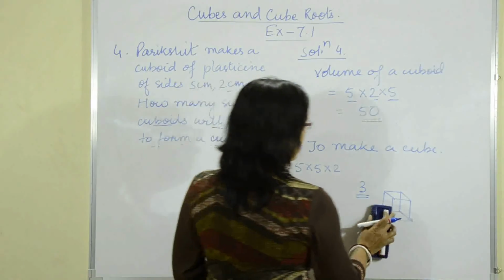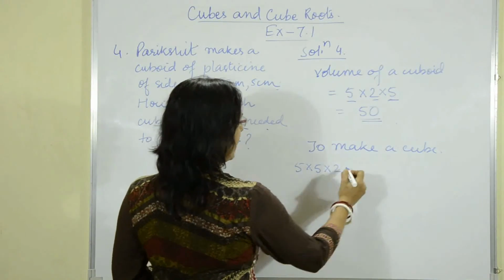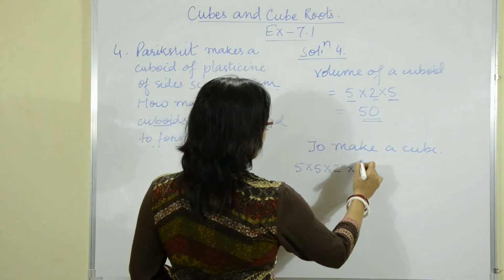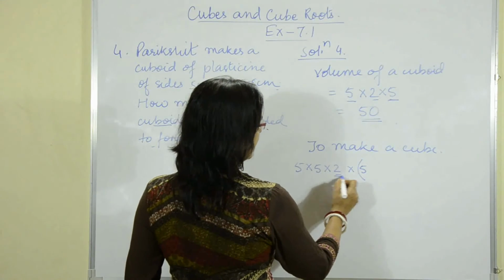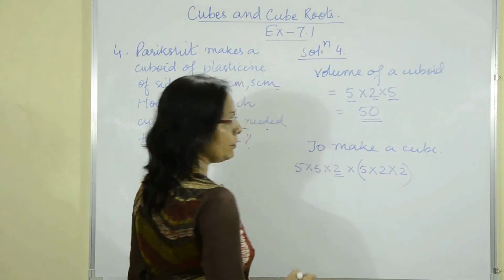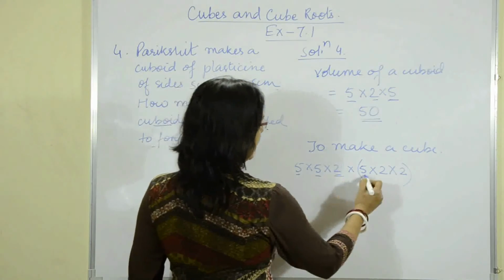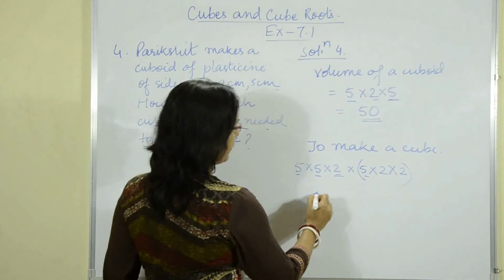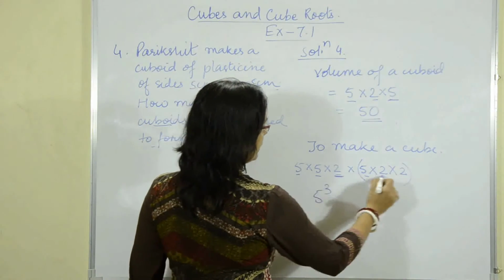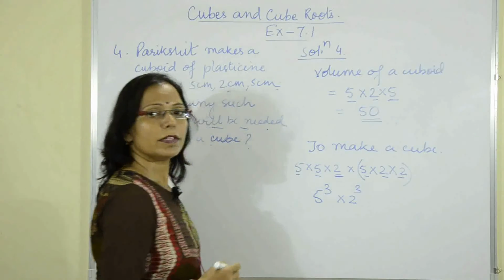Okay. So, how do we do it? I will have to make it in cube form. There are 2 5s, I am missing 1 5, and I am missing 2 2s to make it a perfect cube. 1, 2 and 3, this will be a complete 5 cube, and 1, 2, 3, this will again be a complete cube, is it not?